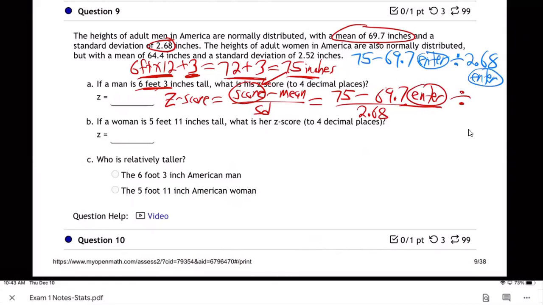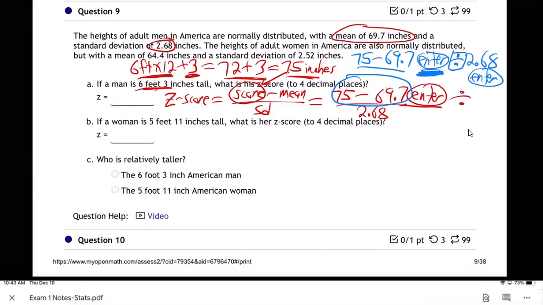So watch out for that. You've got to hit enter before you hit divide. Otherwise, it'll only divide the last number, and you don't want that. You want to do the whole subtraction first and then divide, and you tell the calculator to do that by hitting enter. Whenever you hit enter, the calculator does what's on the screen. So you type in the subtraction and hit enter, you say, calculator, do that subtraction. And then you hit divide after, and it'll divide the whole subtraction instead of just the last number.